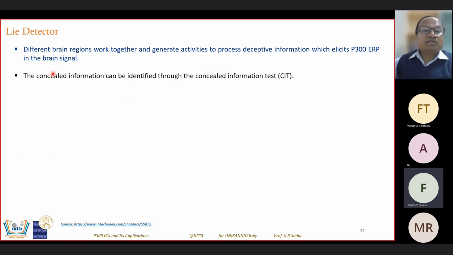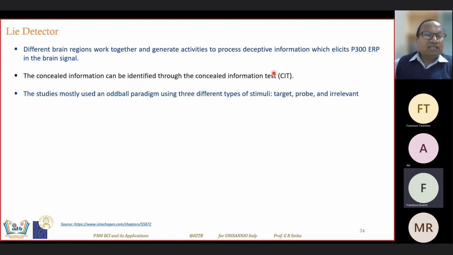The person who is hiding some information can be easily identified through the concealed information test called CIT. The study mostly uses the oddball paradigm. I was telling you, they will not ask all simple or standard questions. They will be asking standard questions, but suddenly they will also ask some oddball, some surprising question.